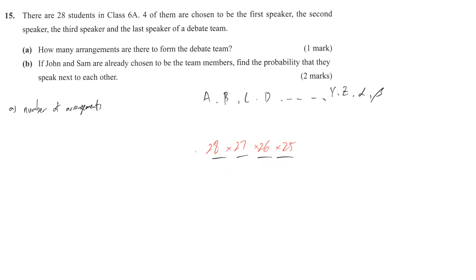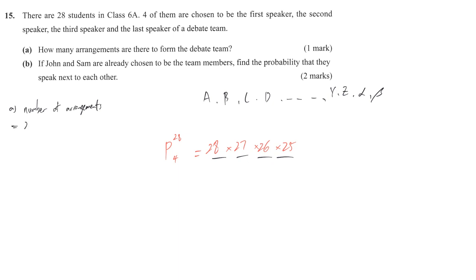In the textbook, usually we label this as 28 P 4, permutation. That means we have 4 spaces here, and then we have 28 choices from the beginning, and then it decreases to 25 one by one.